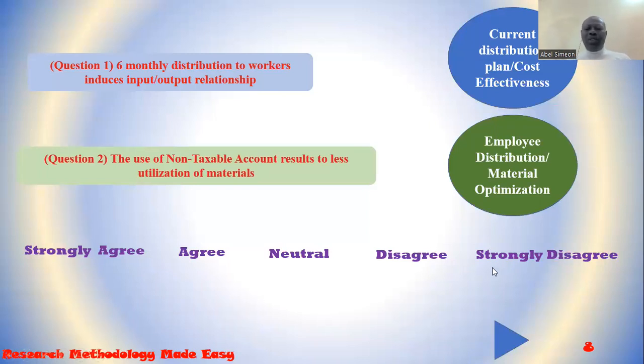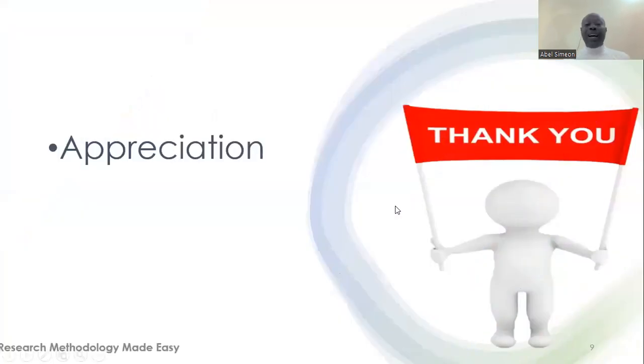If the responses from the respondents are disagree, an average respondent said disagree, then you know that it has no impact. The independent variable has no impact on the dependent variable. This is not rocket science. You must do that.